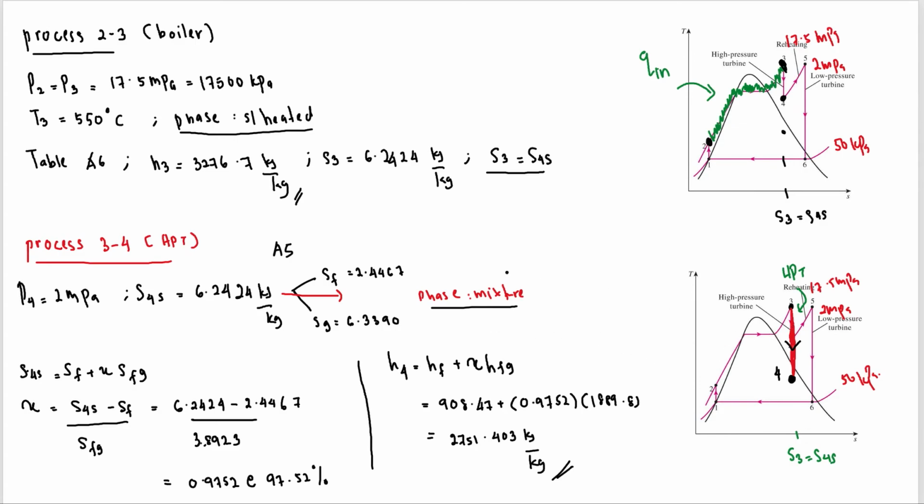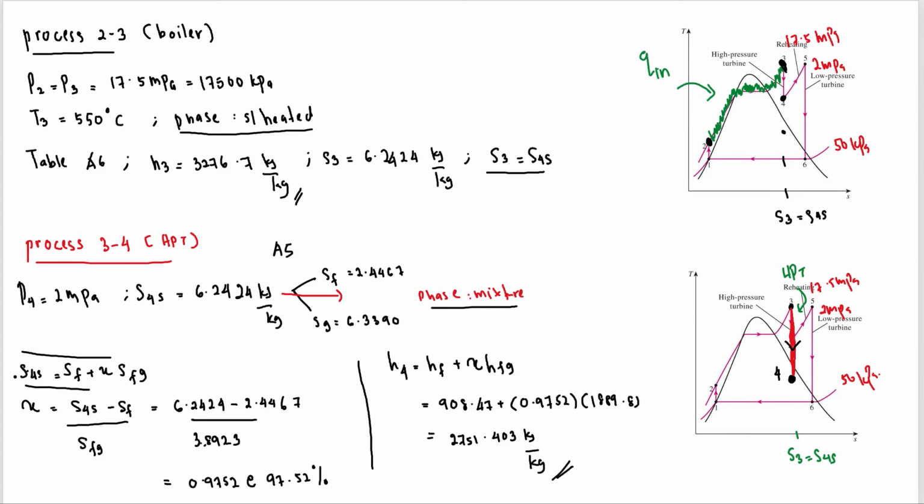Since this is a mixture, we have to use a special formula. Please remember the special formula. Y I replace with s, y_f I replace with s_f, plus x, y_fg I replace with s_fg. And all these values I find from table A5.